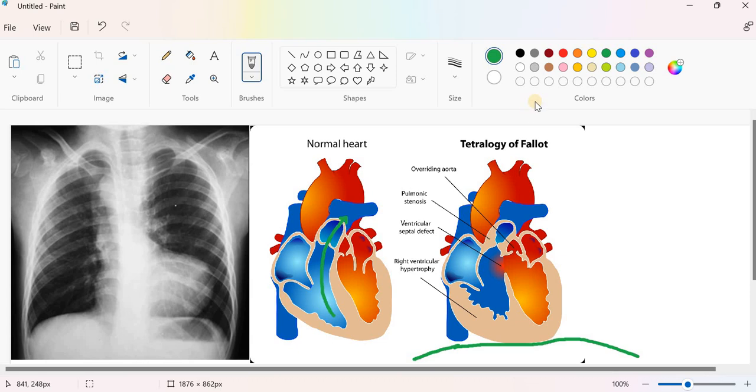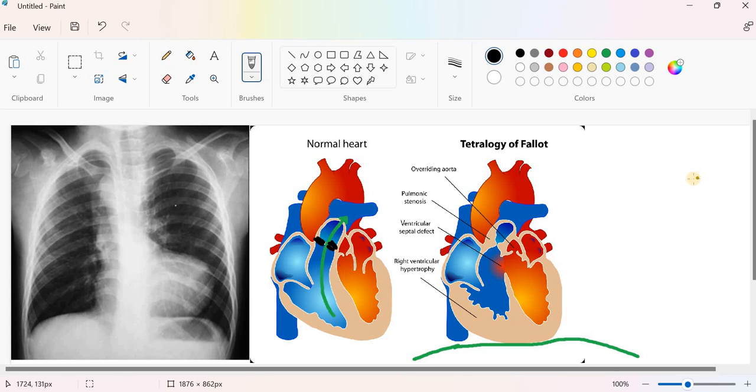But now, if the valve is tight or stenosed, every time the ventricle is pumping the blood, it has to exert a lot of effort, a lot of muscle contraction to be able to push against that blocked valve. So this is one of the hemodynamic mechanisms that might lead to right ventricular enlargement. What else might lead to right ventricular enlargement?